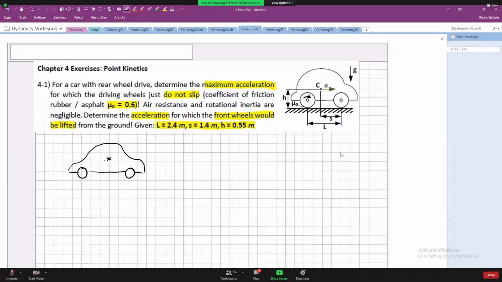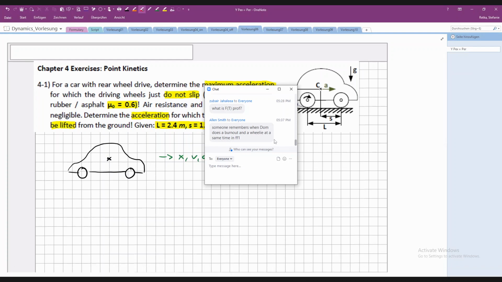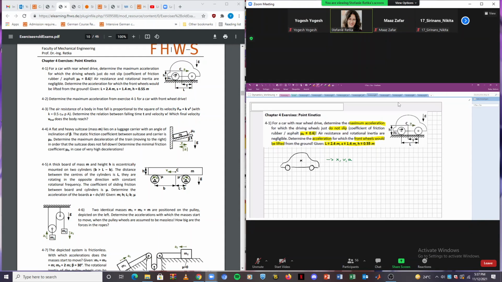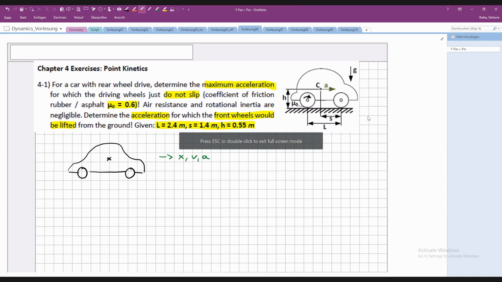Now, direction of travel is given. And the green values are our kinematic values. Red are our loads. So when building the equilibrium conditions, we are only considering the red forces, okay?